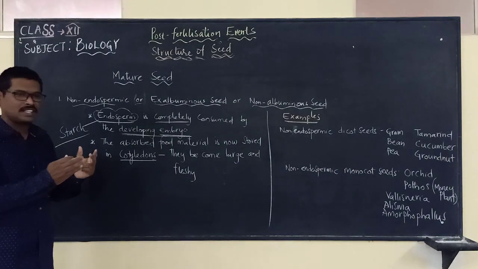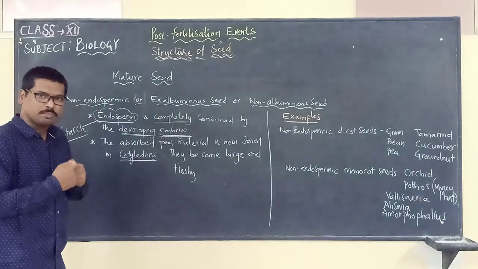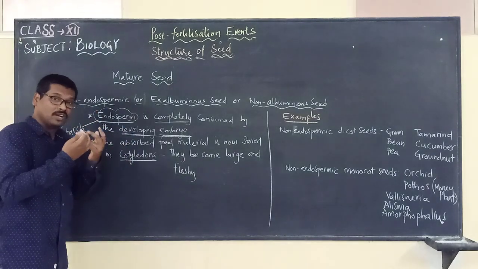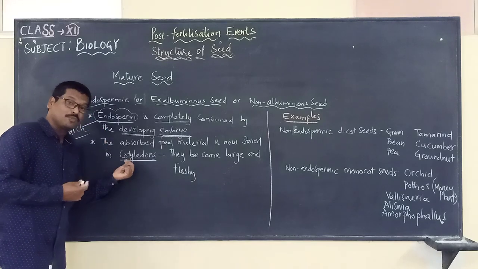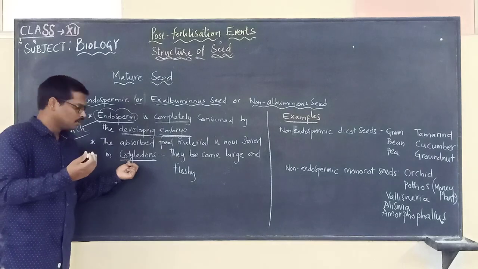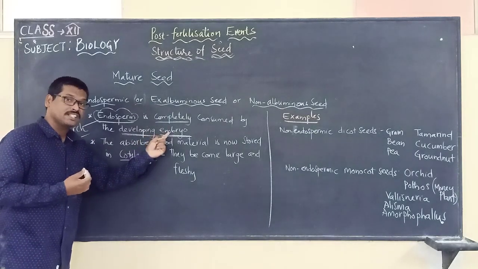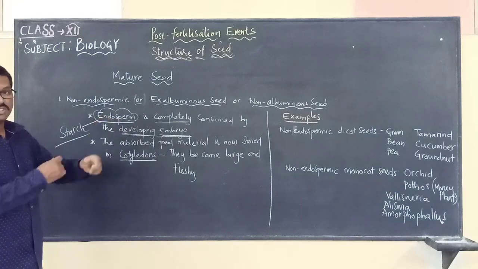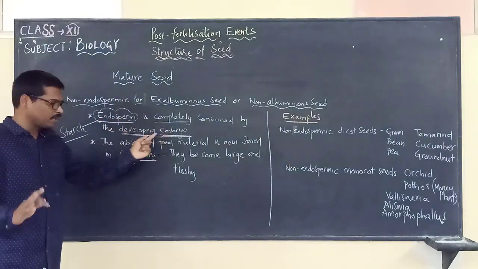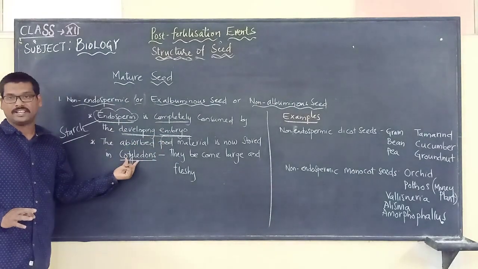In simple terms, when the embryo completely consumes the endosperm, it stores this nutritive or food material in the cotyledons. How is the embryo getting that food material? From the endosperm. So there is no more endosperm, but it is absorbed by the embryo, and the embryo stores that food material in the cotyledons.